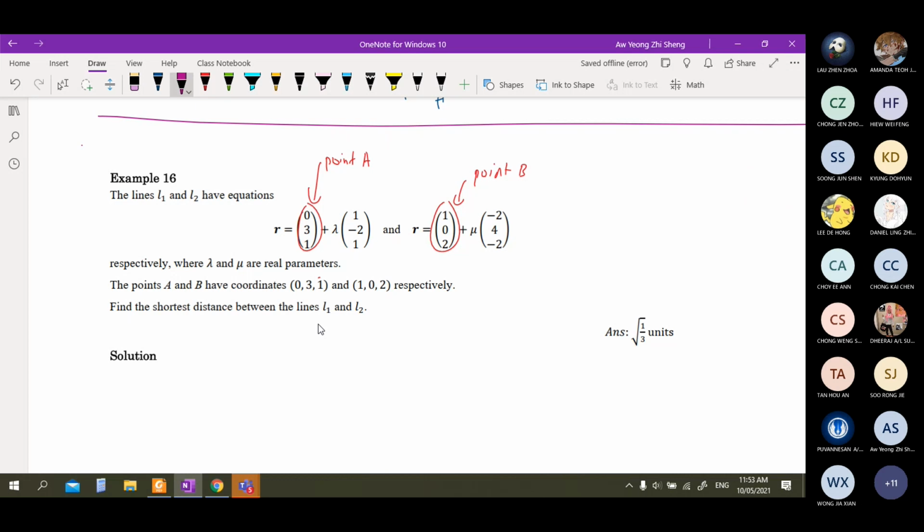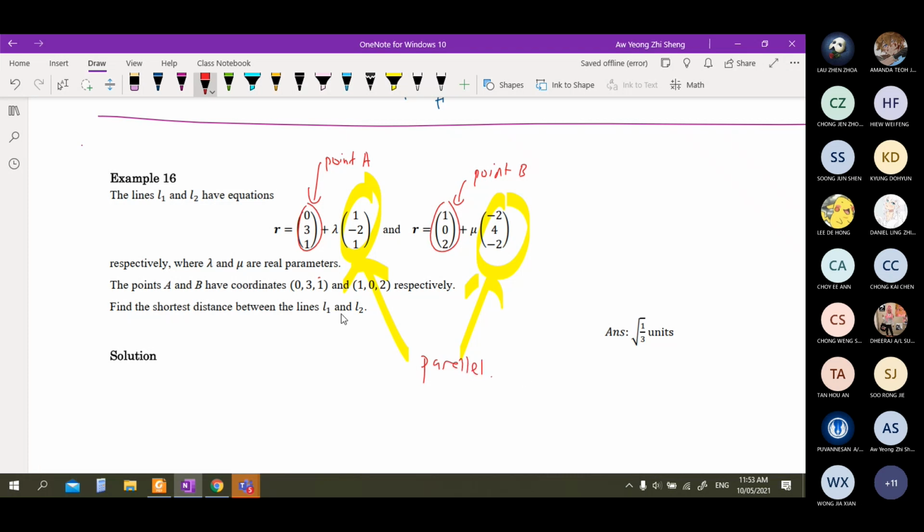Now, if such a question appears in the exam, they expect you to realize that these two yellow colored vectors are parallel.